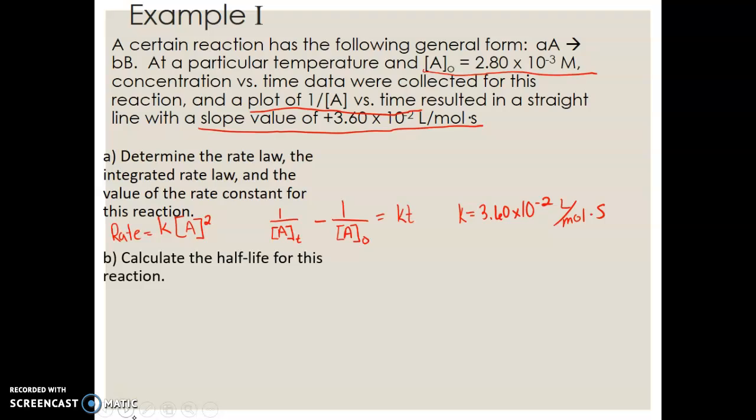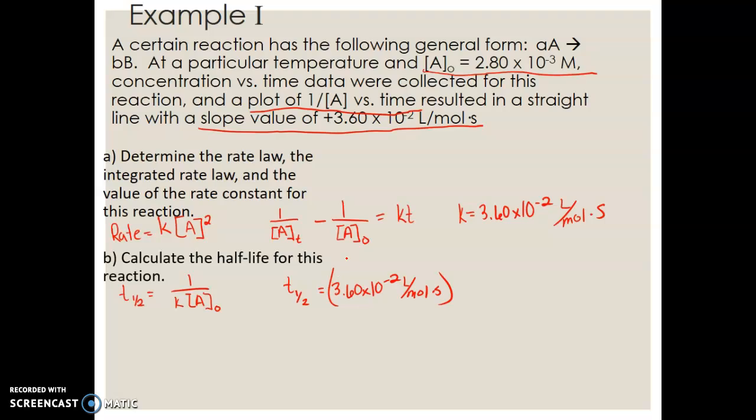Part B says that we need to calculate the half-life for this reaction. So knowing what the half-life equations are for the different orders is helpful to you. The half-life for a second order reaction is 1 over the rate constant times the initial concentration. So I'm going to take the rate constant that we determined, which is 3.60 times 10 to the negative second, plug that in here.